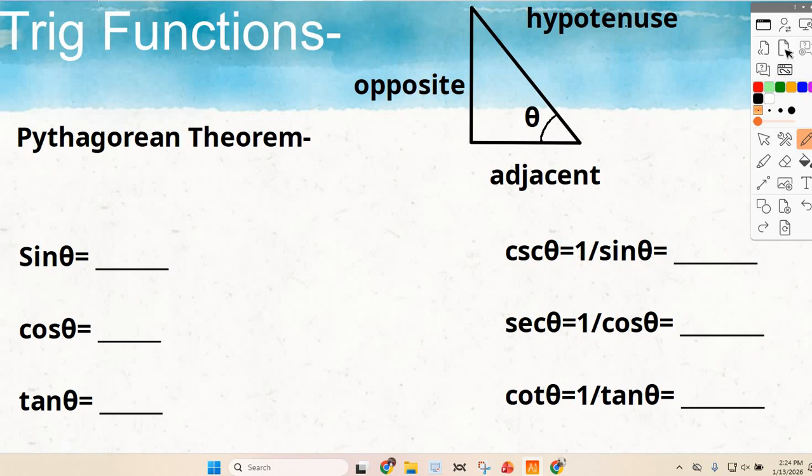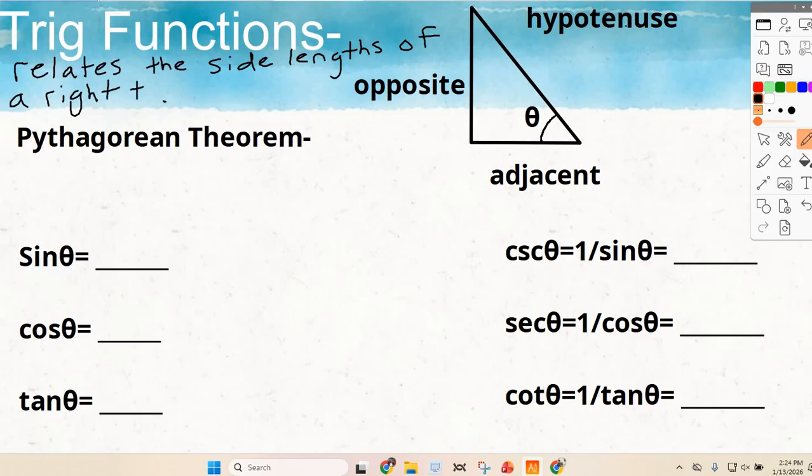No, maybe? No? Okay. So in general, a trig function relates the side lengths of a right triangle to its angles.